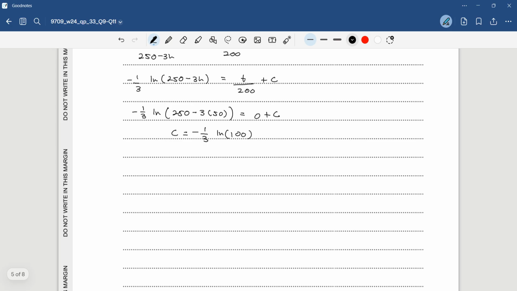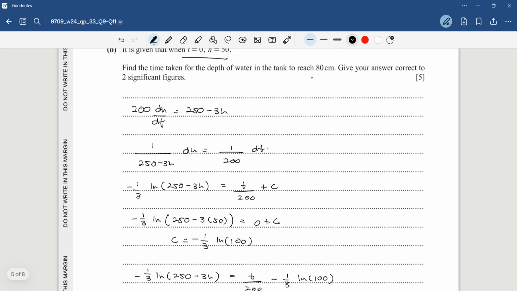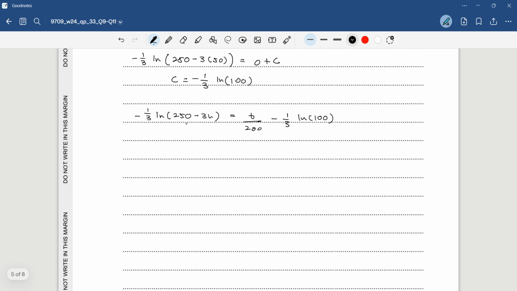Okay. Therefore, you can rewrite negative 1 over 3 ln of 250 minus 3h is equivalent to t over 200 minus 1 over 3 ln 100. So they need to find the time when h equals 80.